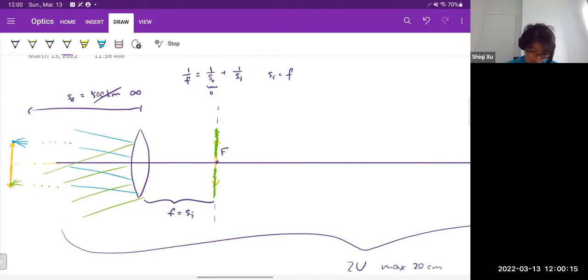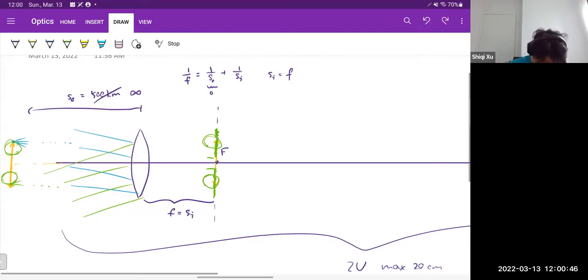So if you look at this bit, you find that light coming from these parts ends up here. Light coming from these parts ends up here. So you're actually only accessing this bit. I haven't drawn where the rays land. It gets a little messy, but hopefully that makes sense.